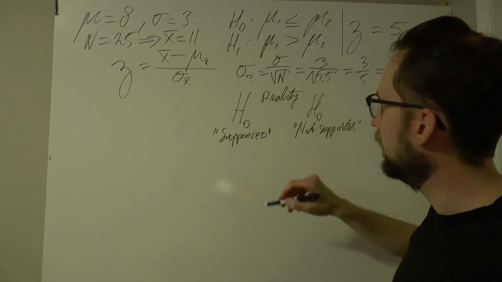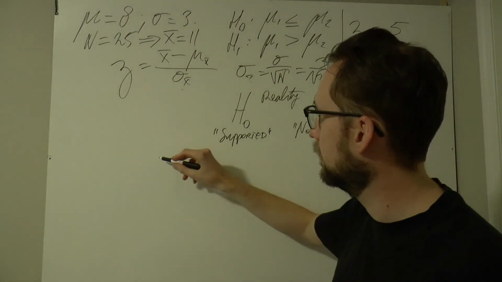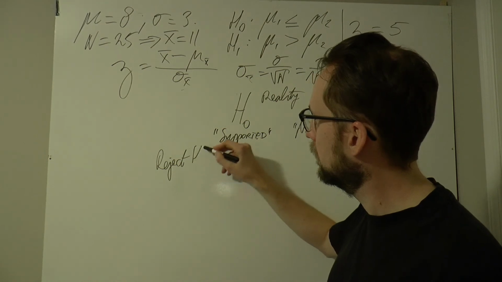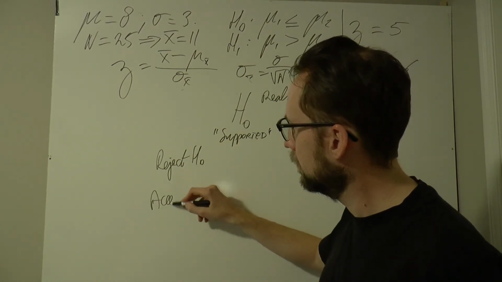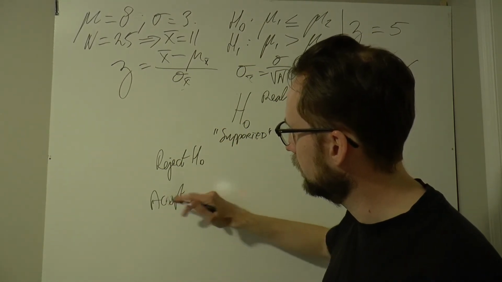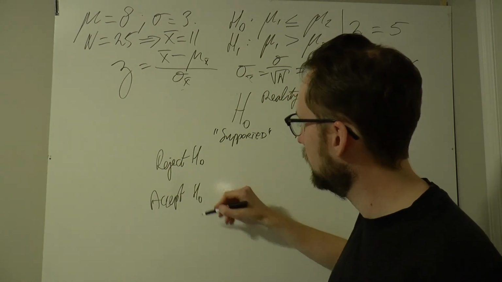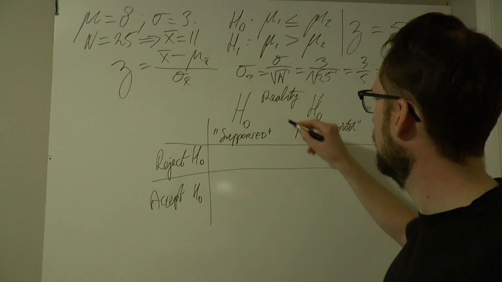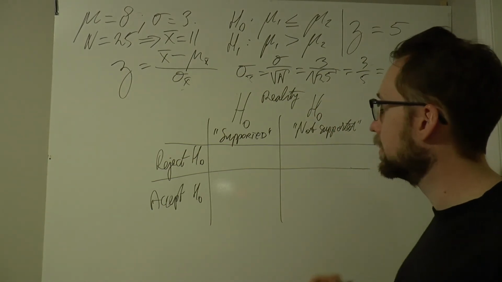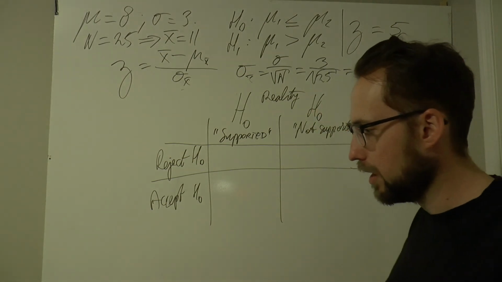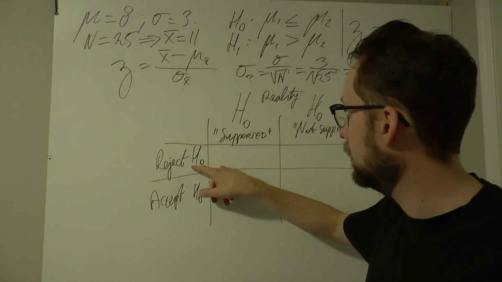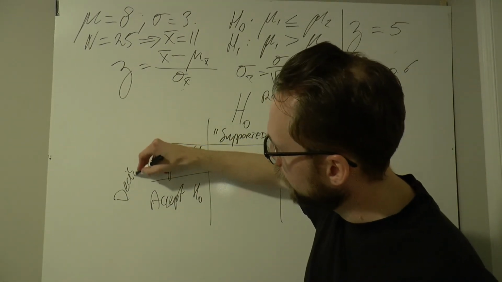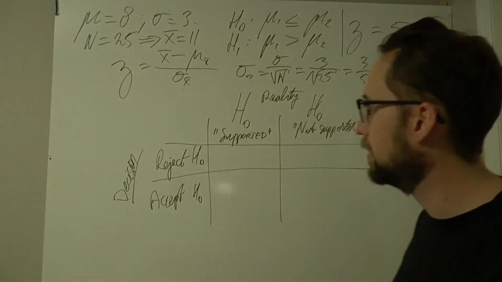This is reality. But then I have said, sorry, this is hideous writing, accept H0. What have I done here? Okay, it sounds to me like, if we're looking at this question, I have rejected the null. This is decision. I really should not try to write sideways, but decision.